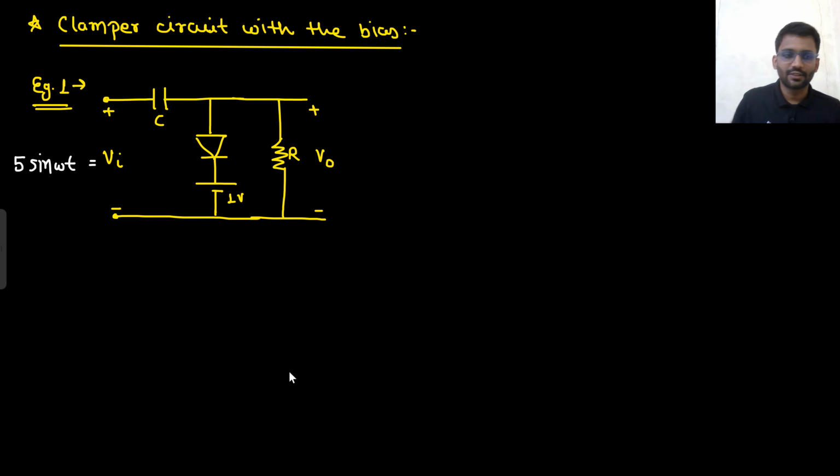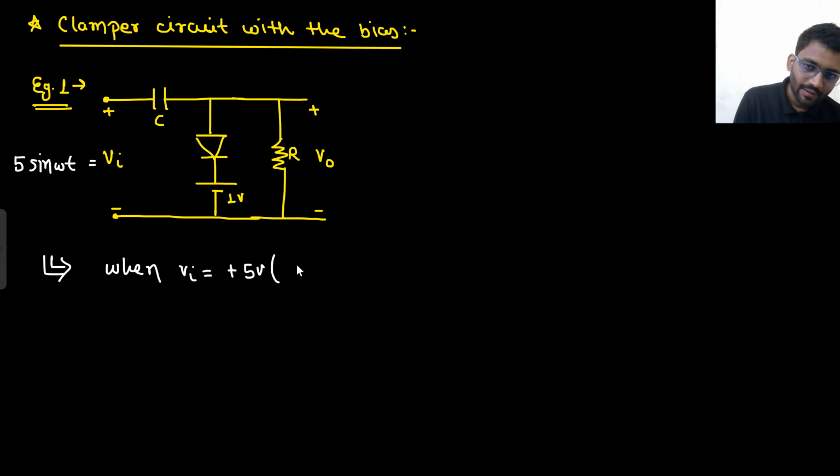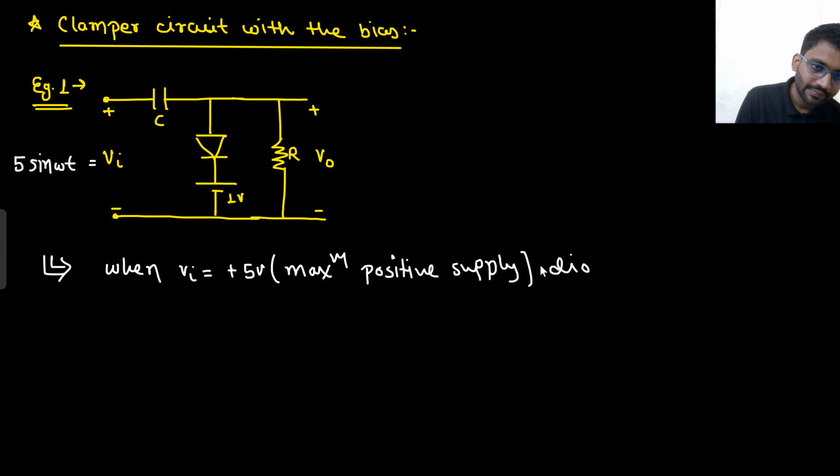So let's first solve it by the method. By the method, when Vin is plus 5 volt, maximum positive supply, at that time diode is on. Diode is on, right? So this is the capacitor.